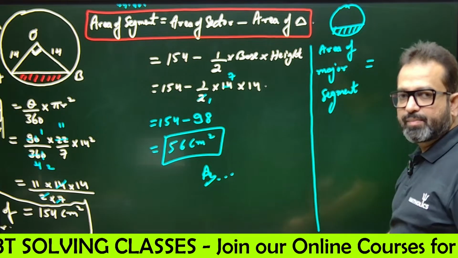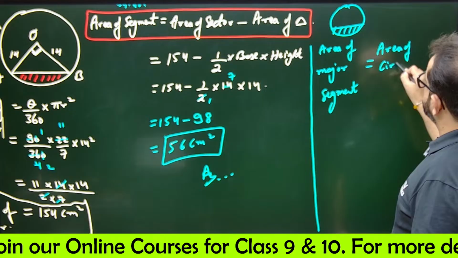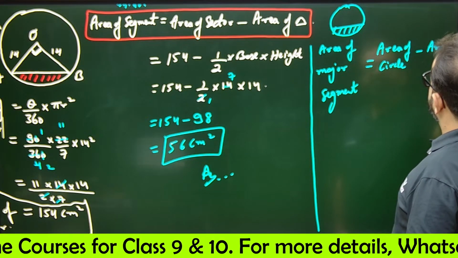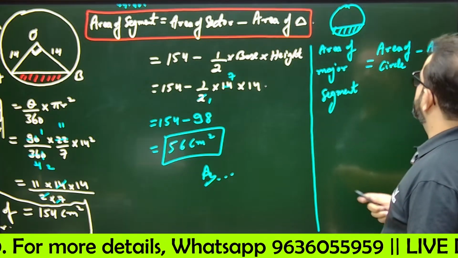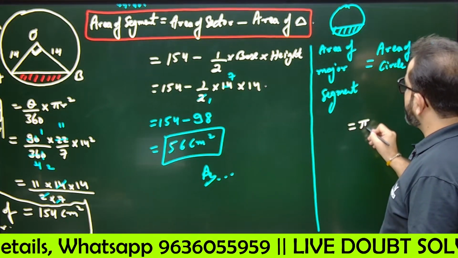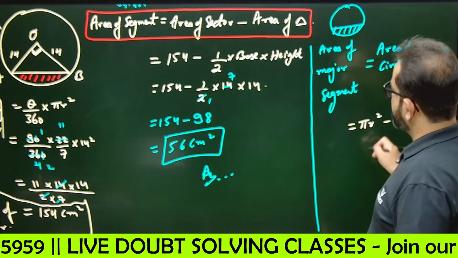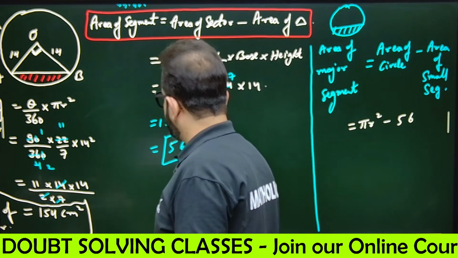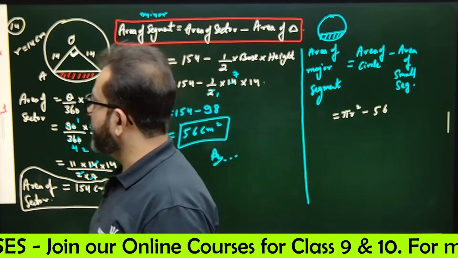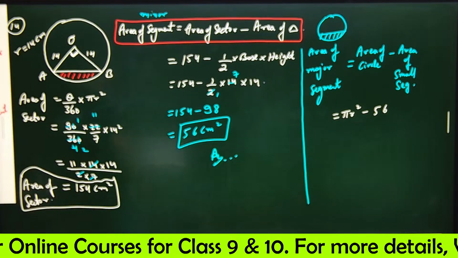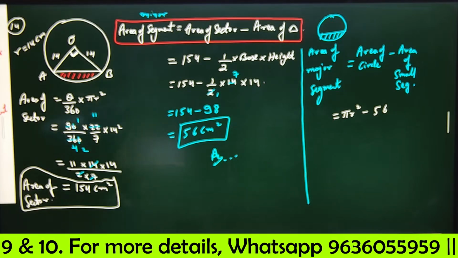So area of circle minus area of smaller segment. That means what will be area of circle? It will be pi r square. What is area of smaller segment? It is 56. So you must calculate it and find the answer. Copy it. I am waiting. Okay, copy and get me the answer for major segment. Complete circle minus area of smaller segment.